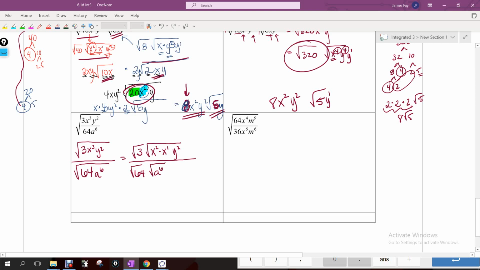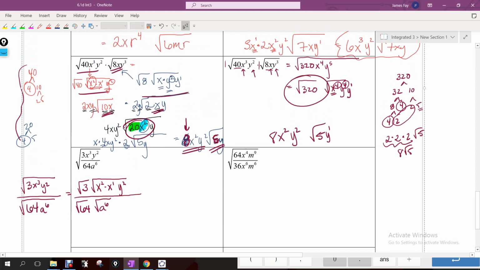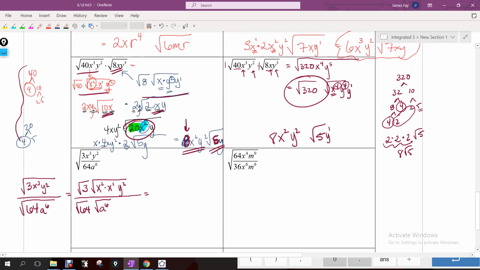So now working along the top then, obviously the root 3 doesn't simplify any. X squared comes out as an x. This y squared comes out as a y.